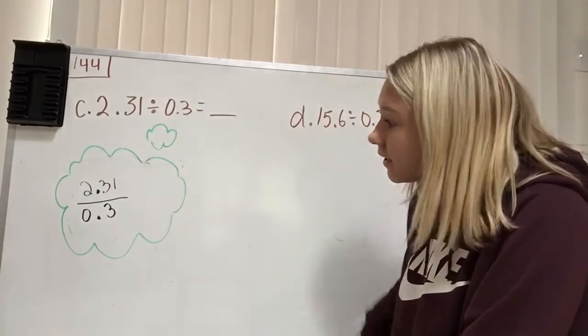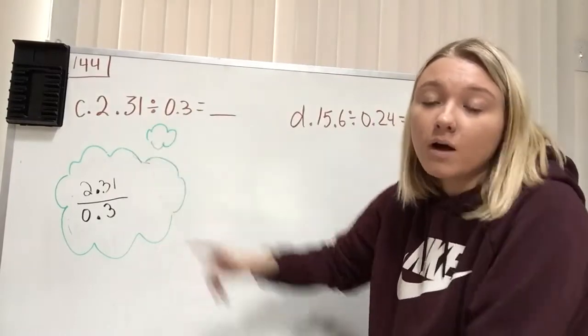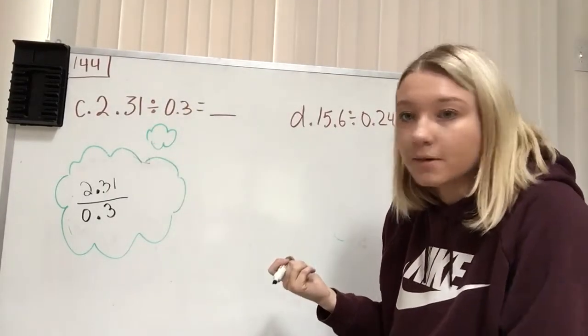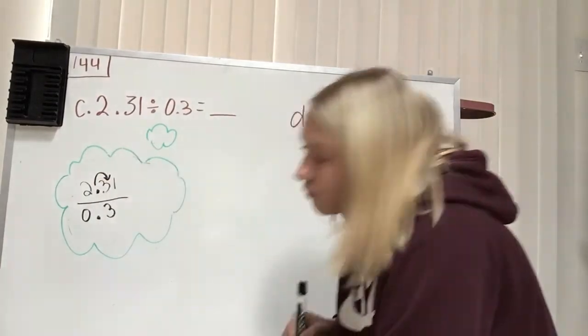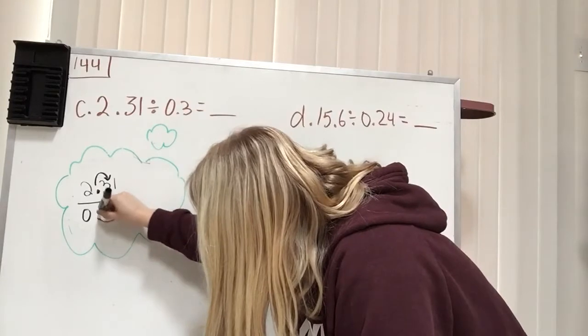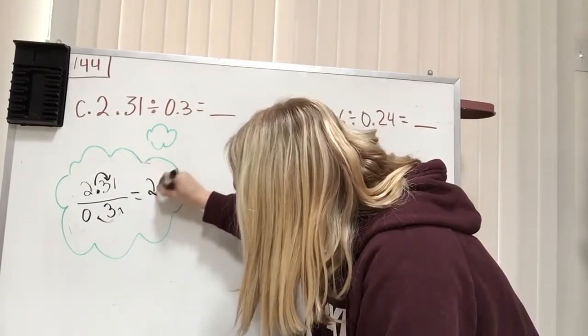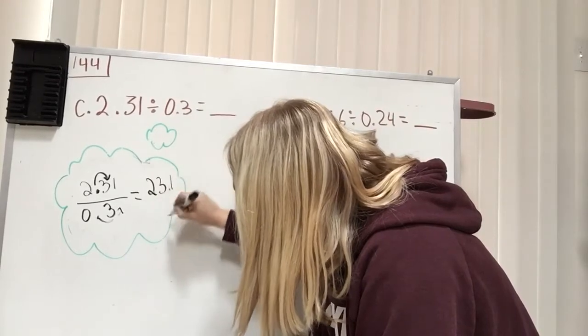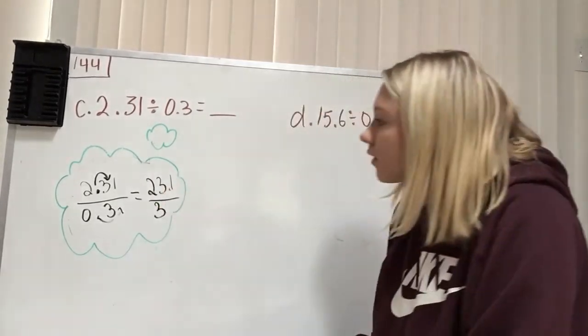But what I can do is I see that my problem is this extra 1. So all I can do is just keep it as a decimal, okay? So I'm going to move it over 1 place, which would be multiplying it by 10. And then I'm going to rewrite this so it'll be 23 and 1/10 over 3.